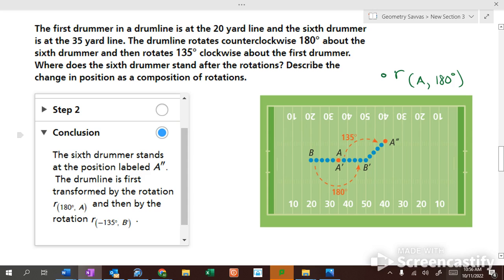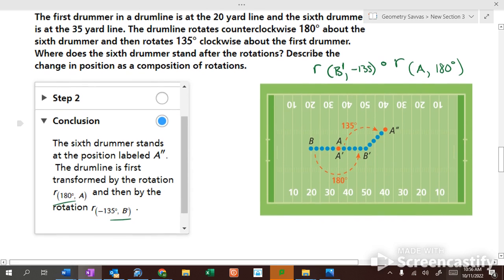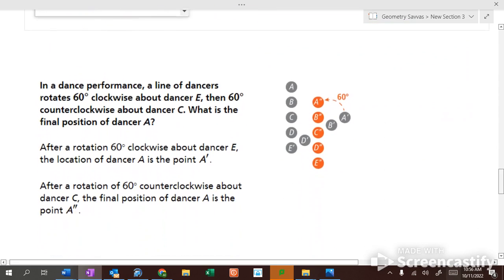That is combined with a rotation around point B prime, because B started here, it ends up here. That's where B prime is. We're going to rotate around B prime 135 degrees. But this time, this is clockwise. So because it's clockwise, it's a negative 135 degrees. Now, they put theirs what the angle was first and then what the letter was second. Yeah, that's probably the right way to do it, but you get the gist.